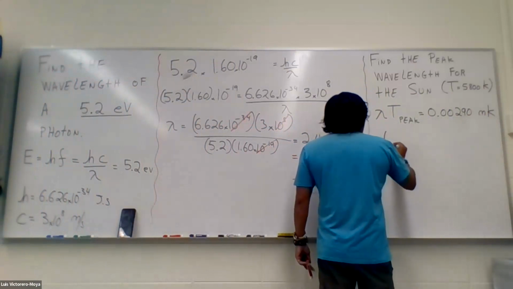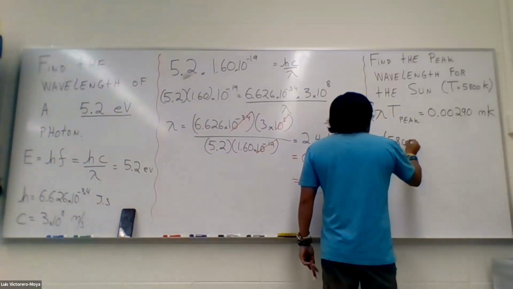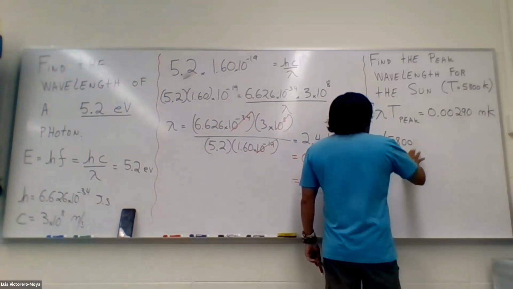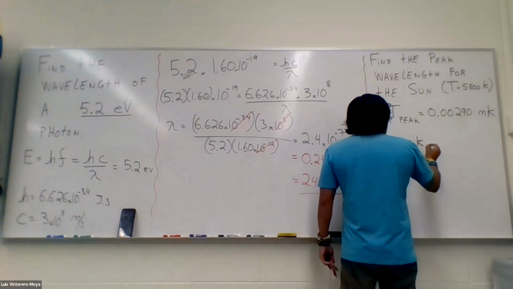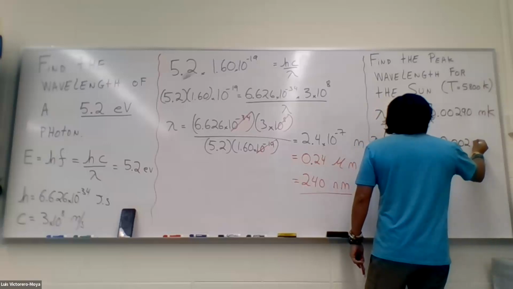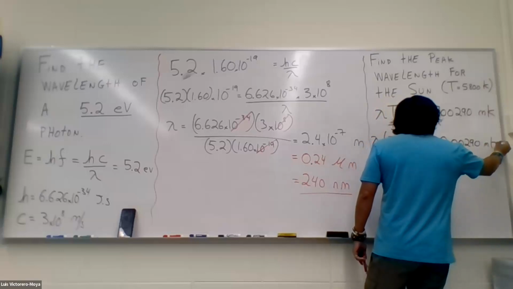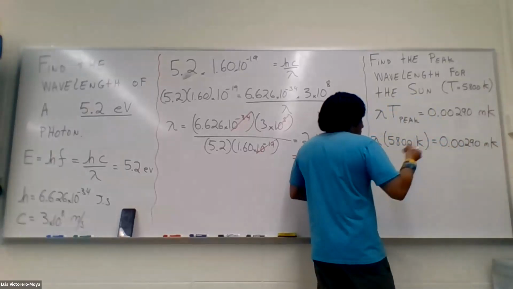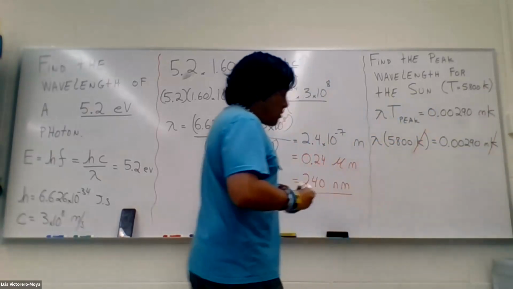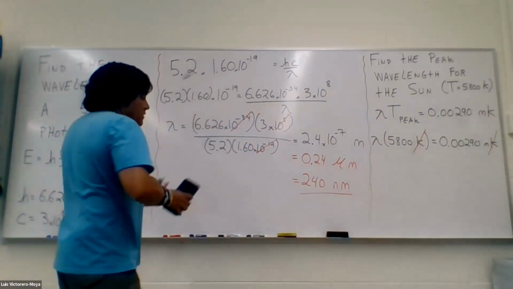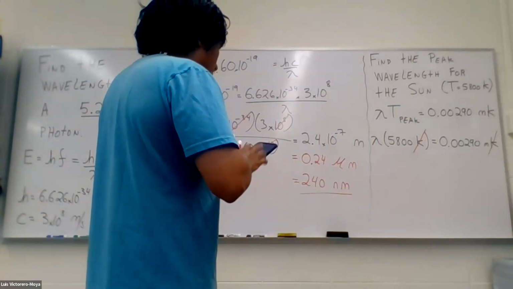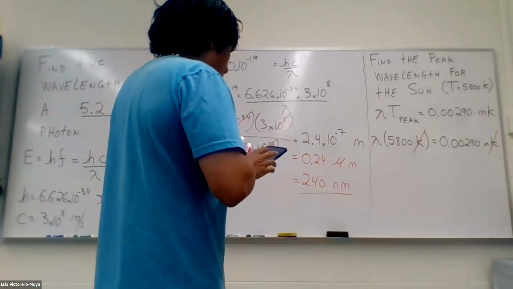Lambda times 5800 kelvins equals 0.00290 meters. So clearly kelvins become meters. Now we just divide 0.00290 by 5800.